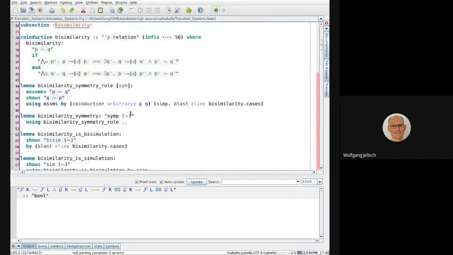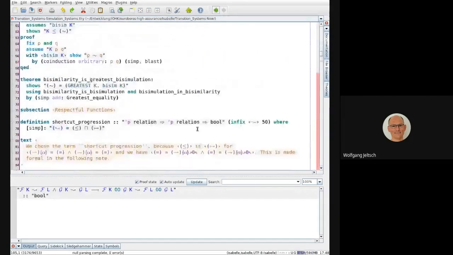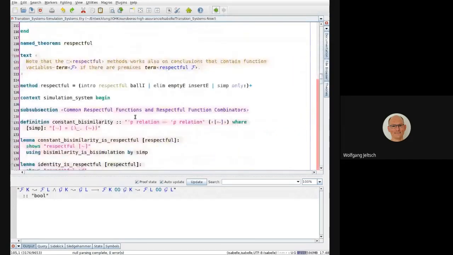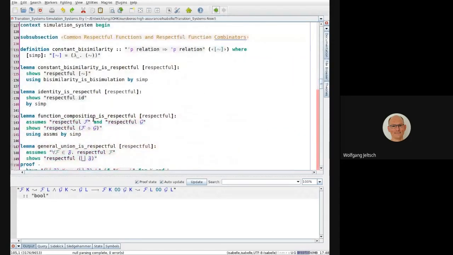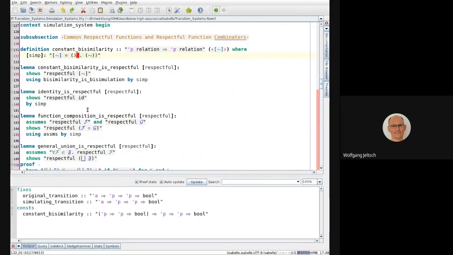We have seen this. Was it this constant bisimilarity here? Here it is. This function f, so to say, for up-to methods, that gets any k and maps it to bisimilarity.